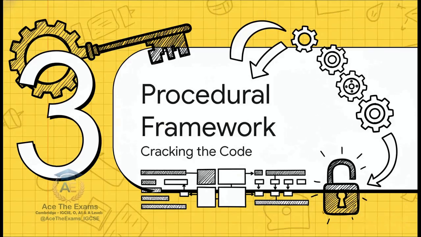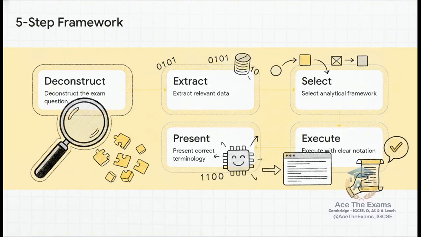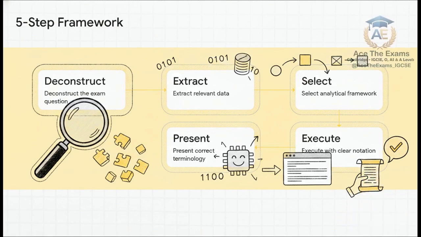That brings us to Section 3, the procedural framework, cracking the code. Whenever you face a complex linked list question, you need a reliable system. You need that magic spell. Here is the 5-step procedural framework directly aligned with examiner expectations. Step 1. Deconstruct the question. What is it really asking you to do? Step 2. Extract the relevant data.